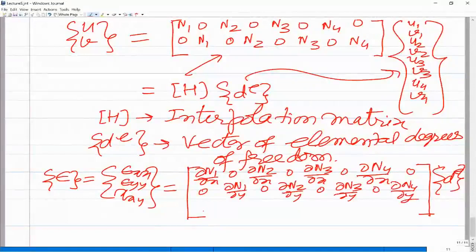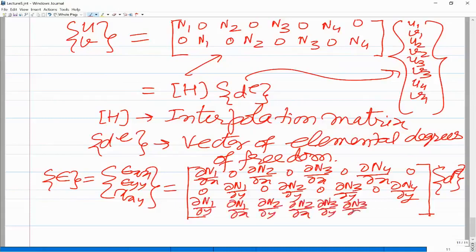So it would be del n1 by del y into u1 plus del n1 by del x into v1 plus other terms. So you can write that as del n1 by del y, del n1 by del x, del n2 by del y, del n2 by del x, del n3 by del y, del n3 by del x, del n4 by del y, del n4 by del x.